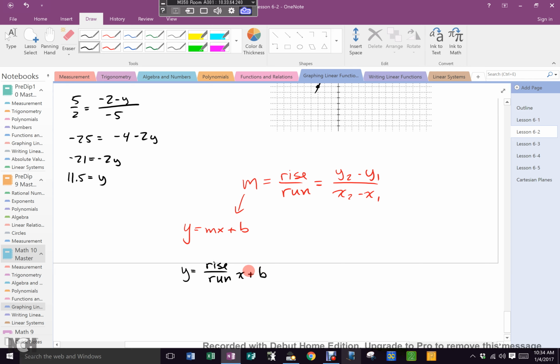Yes. Could you do y equals y2 minus y1 over x2 minus x1 x plus b? Can you do that? Of course you can, because they are all m. Everybody cool?